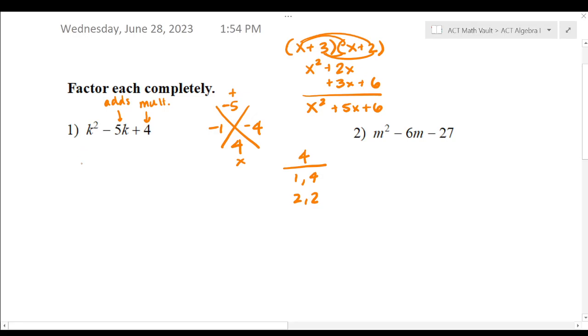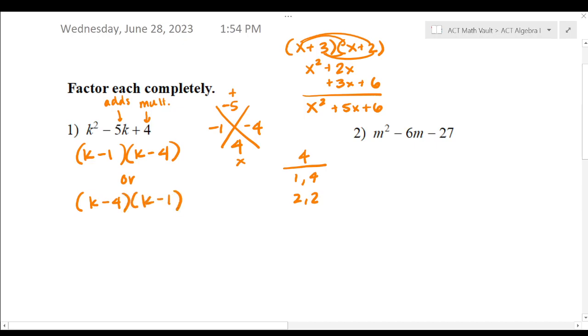So that means that the answer here must be k and k, we know that, but then minus 1 and then minus 4 get plugged in to the parts for each binomial. So I could write my answer as that, or I could do k minus 4 and then k minus 1.